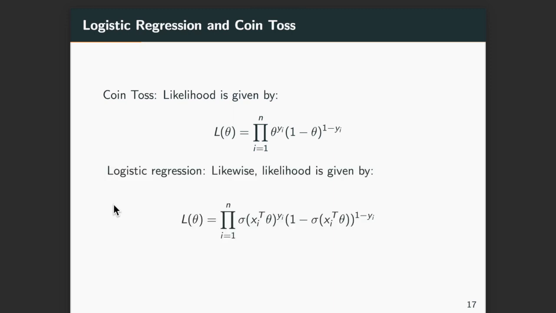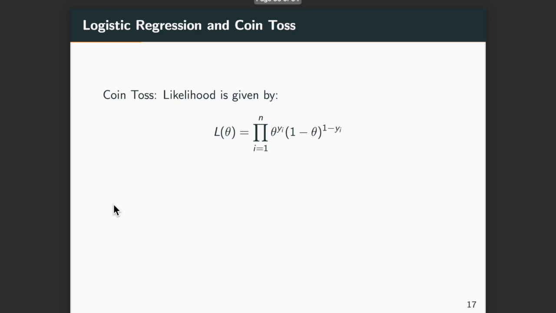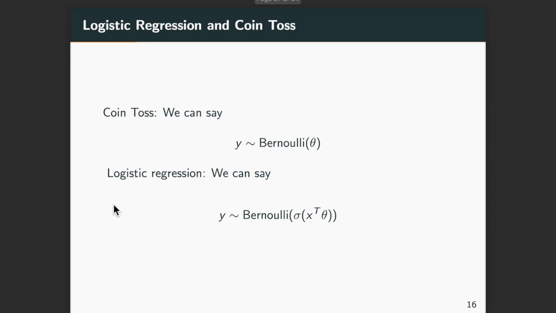Sigmoid of xi transpose theta to the power yi into 1 minus sigmoid of xi transpose theta to the power 1 minus yi. Right? The easiest way to remember this is through this slide: theta in coin toss corresponds to sigmoid of x transpose theta in logistic regression. Everything else will just follow.